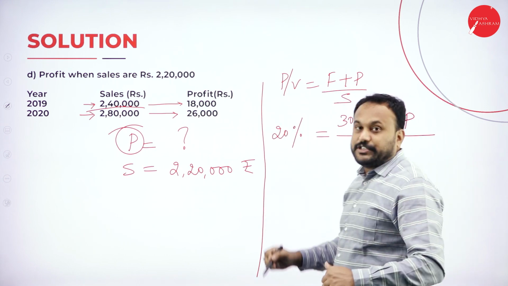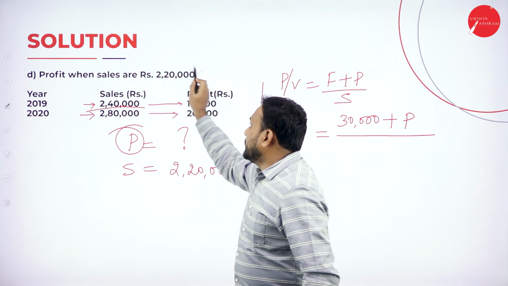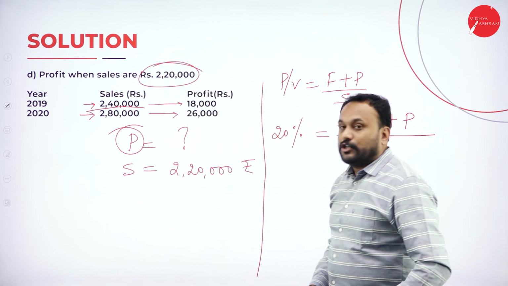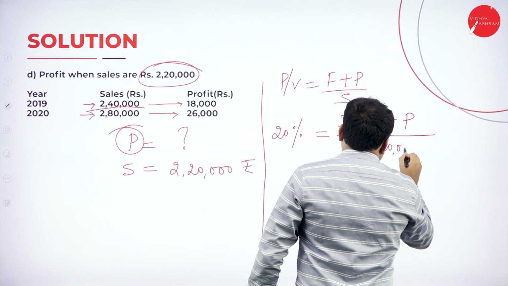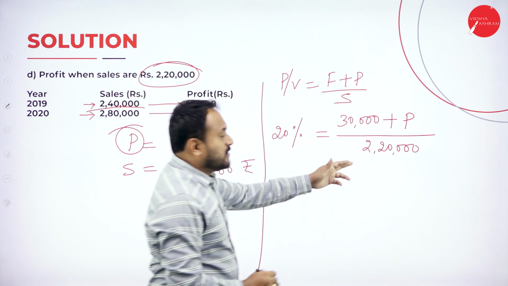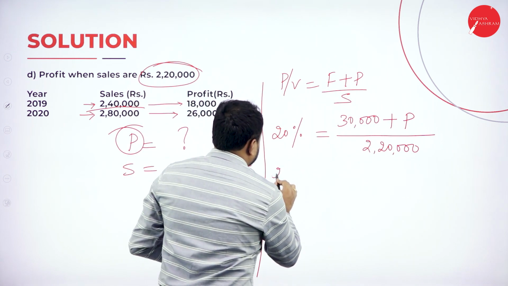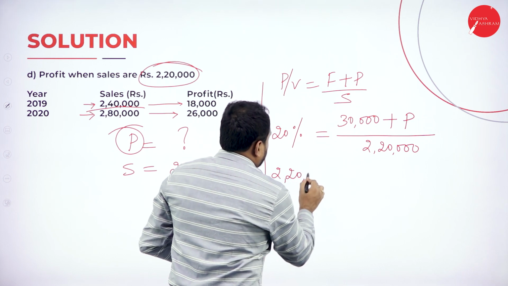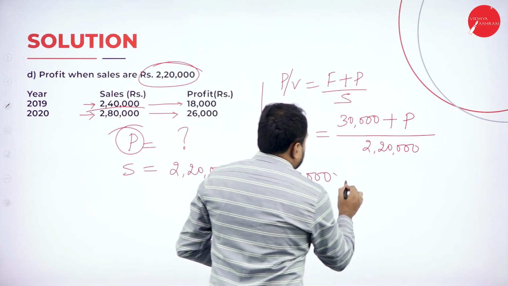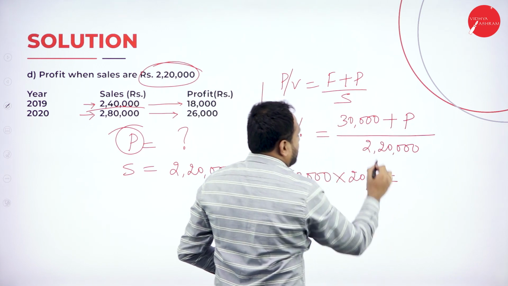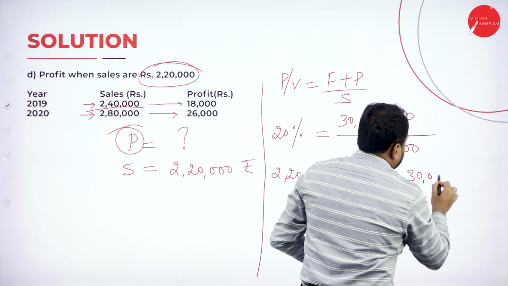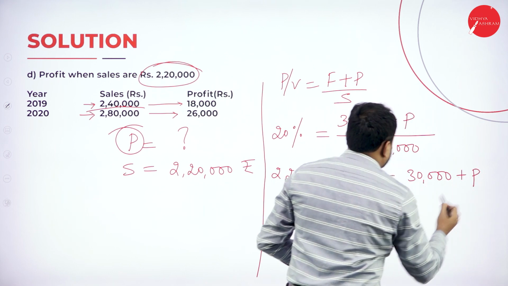Divided by, in the question, what is the sales they have given? The sales is 2,20,000. So we'll write here 2,20,000. Now again, cross multiply. 2,20,000 into 20% is equal to 30,000 plus profit.